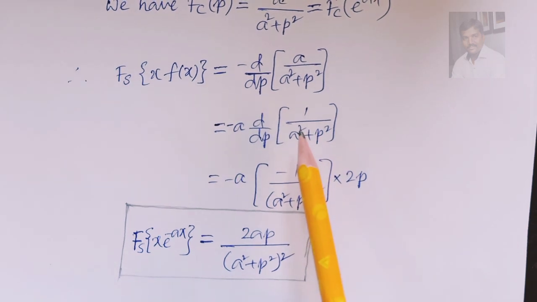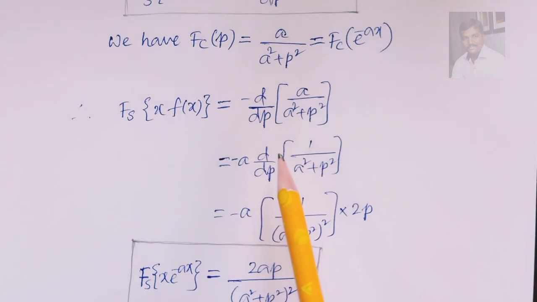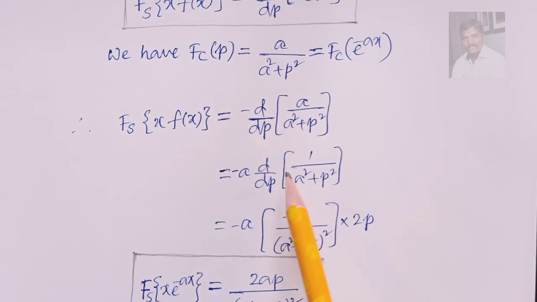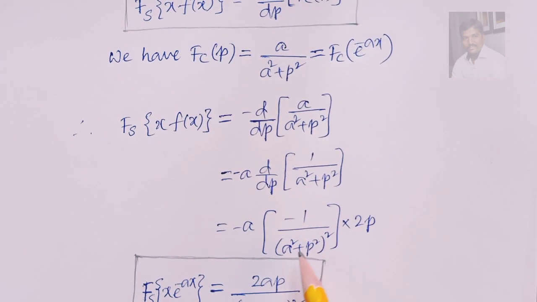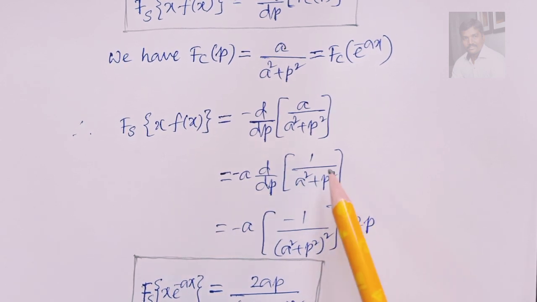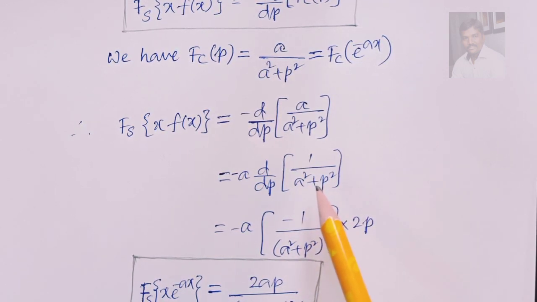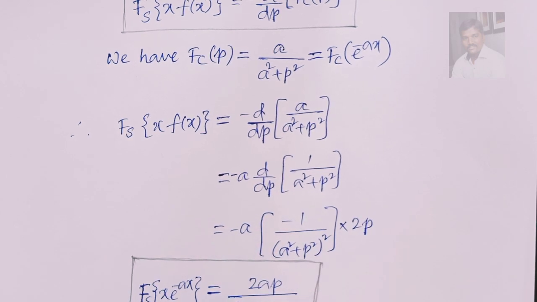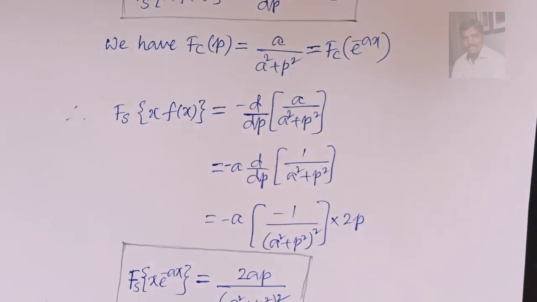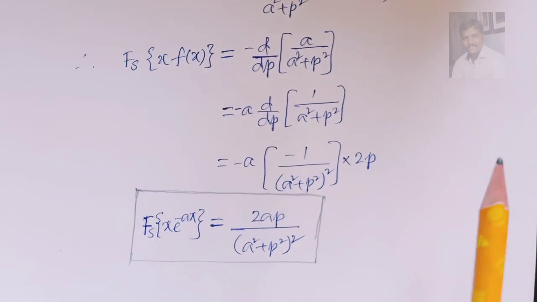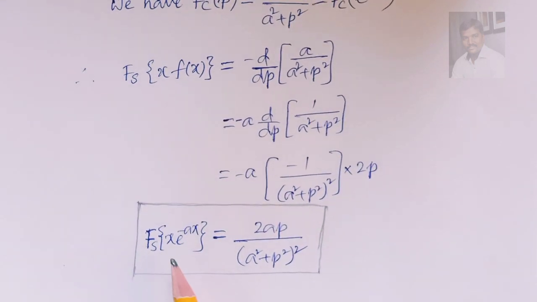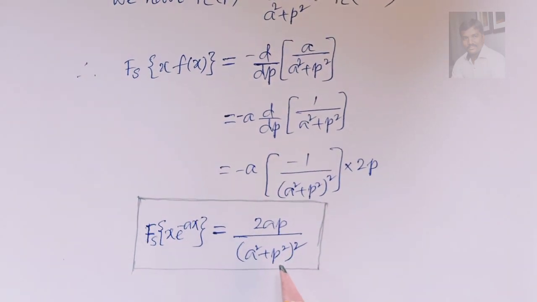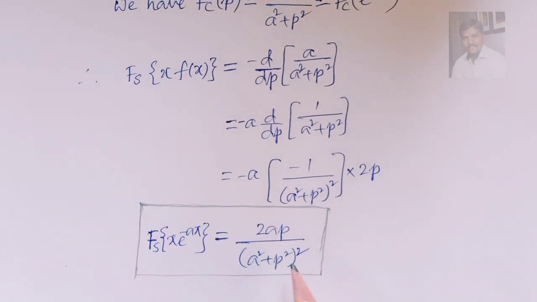The derivative of 1 by something is minus 1 by a square plus p square whole square into the derivative of a square plus p square with respect to p, that is 2p. So minus minus plus, so 2ap by a square plus p square whole square. Here, the Fourier sine transform of x into e power minus x is equal to 2ap by a square plus p square whole square.